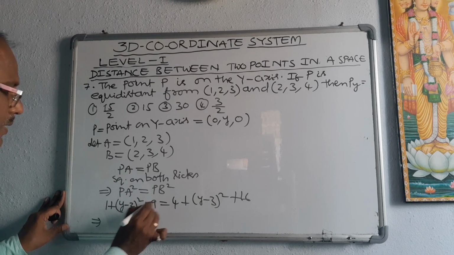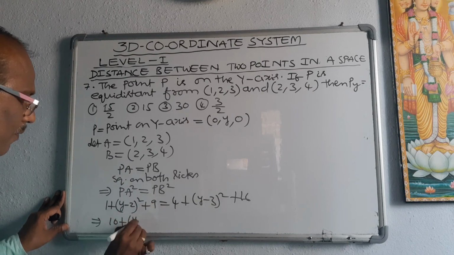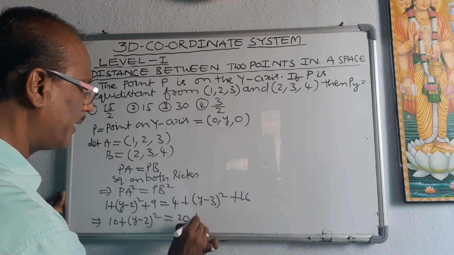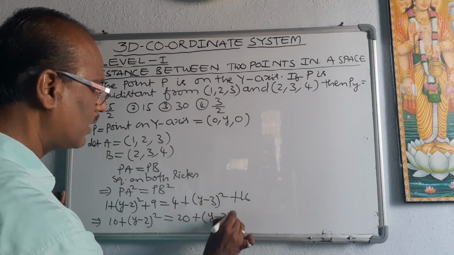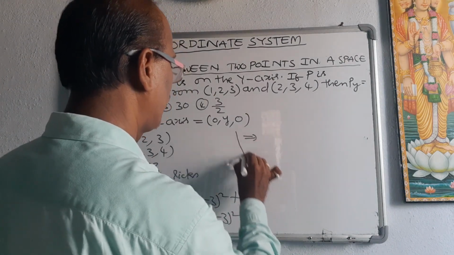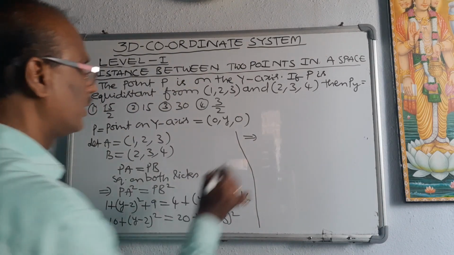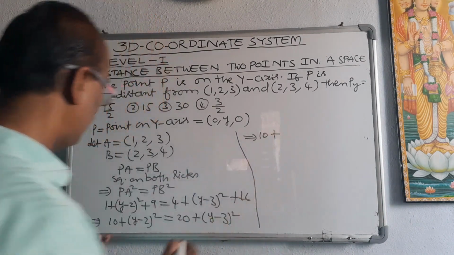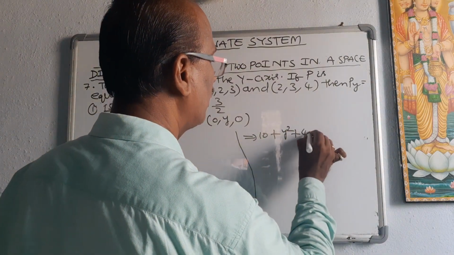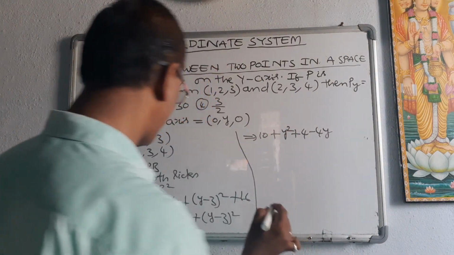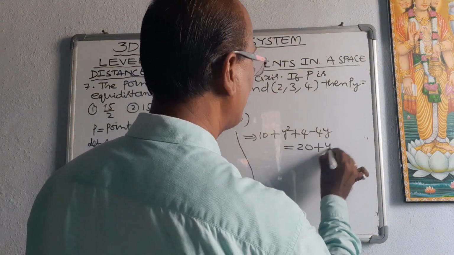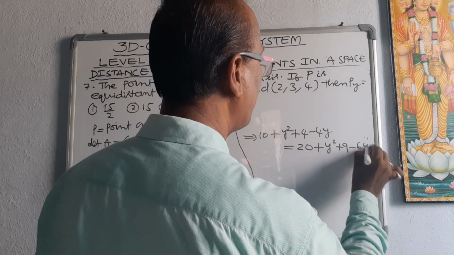That implies 1 plus 9, 10, y minus 2 whole square, equals 16 plus 4, 20, y minus 3 whole square. 10 plus y minus 2 whole square, y square plus 4 minus 4y equal to 20 plus y square plus 9 minus 6y.